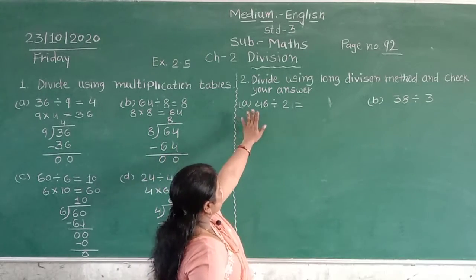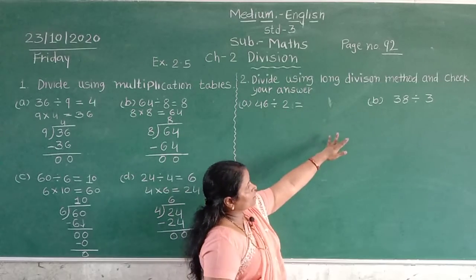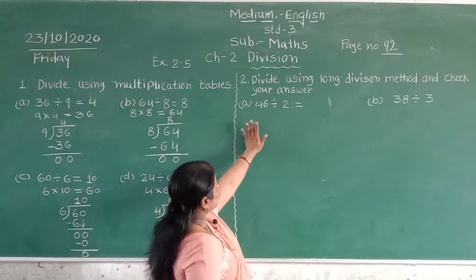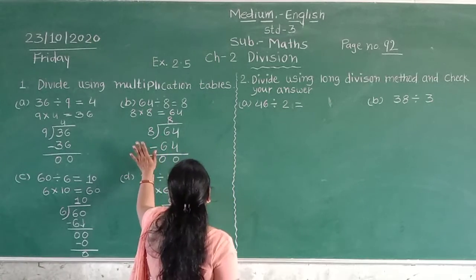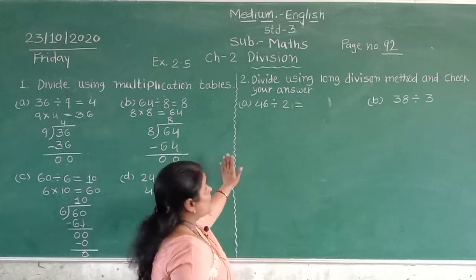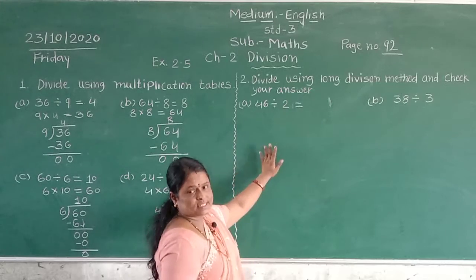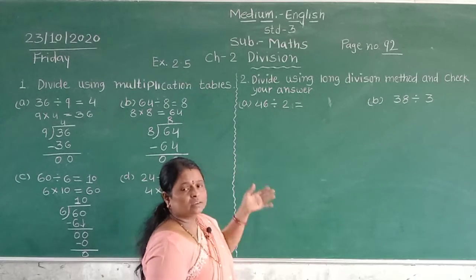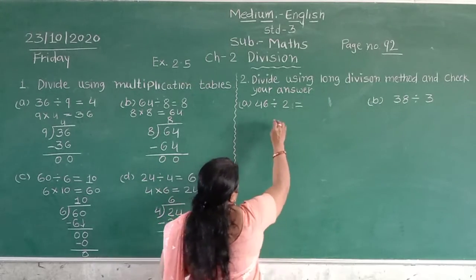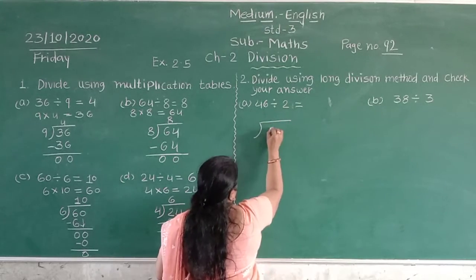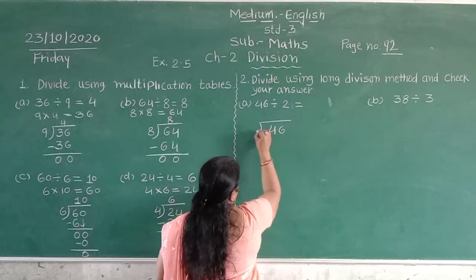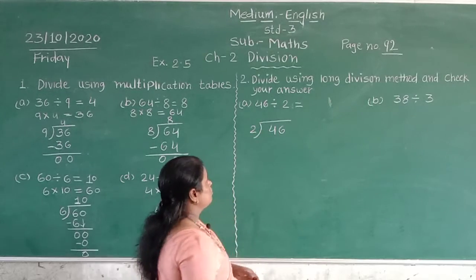Now second question, divide using the long division method and check your answer. Here we do the first step of the long division method. There are 3 steps, so we do this side. 46 divided by 2.